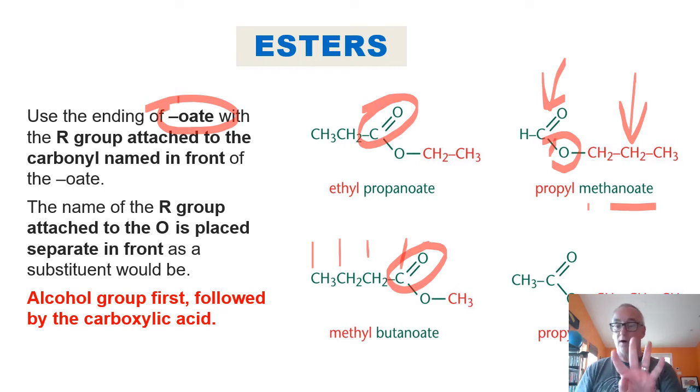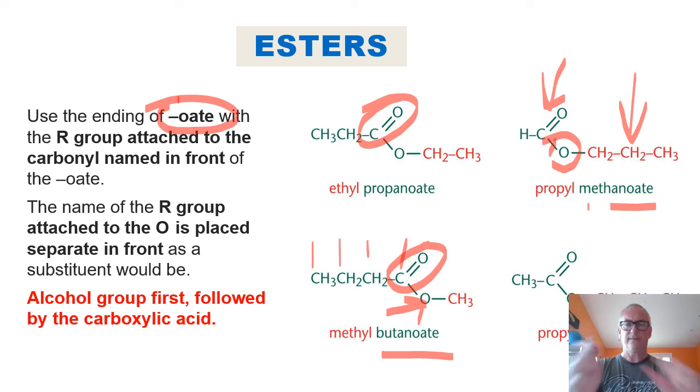So we have 4 carbons total. You want the total number of carbons, including the carbonyl carbon. So that's 4, butane, butanoate. That goes at the end. The acid goes at the end. What is the alcohol? That's attached to the single oxygen. It's a methyl group, so methyl butanoate, and so on.